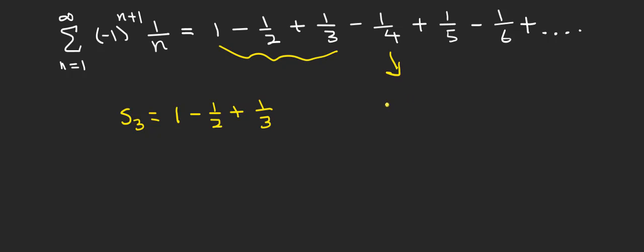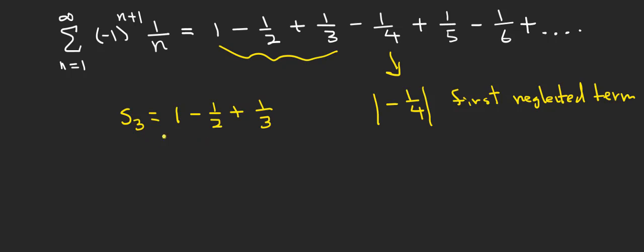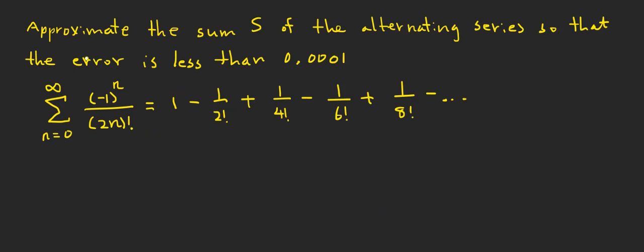The absolute value of negative 1 over 4 is the first neglected term. So what does it mean? When you add these three terms, the error of this approximation will be at most the absolute value of negative 1 over 4, which is 1 over 4. So as you can see, as you add more terms, you get closer to the actual sum and the error becomes less.